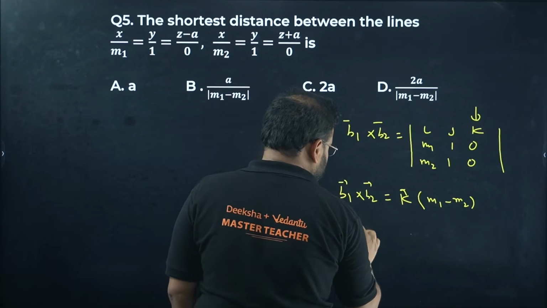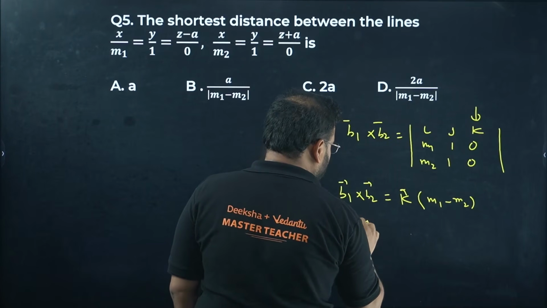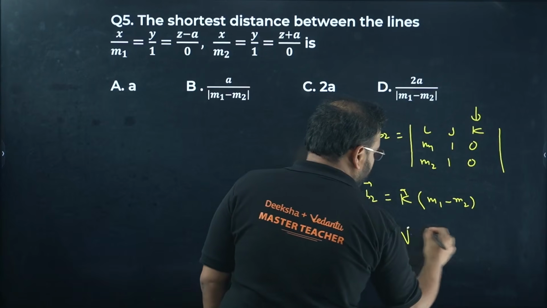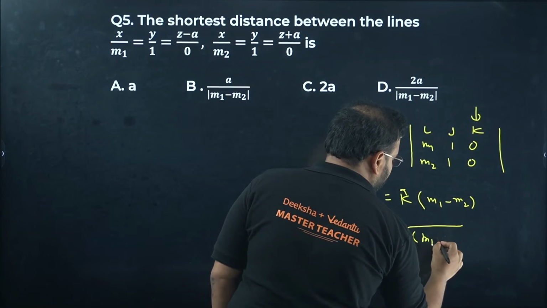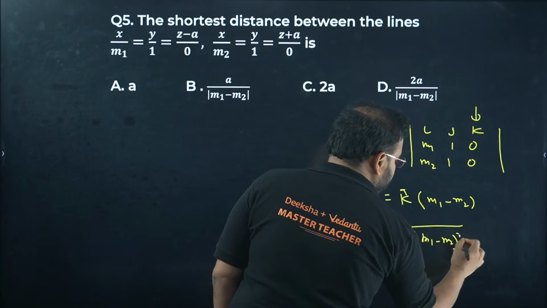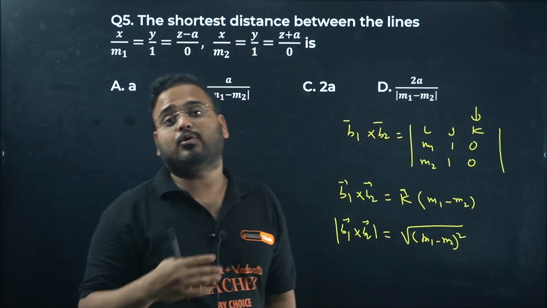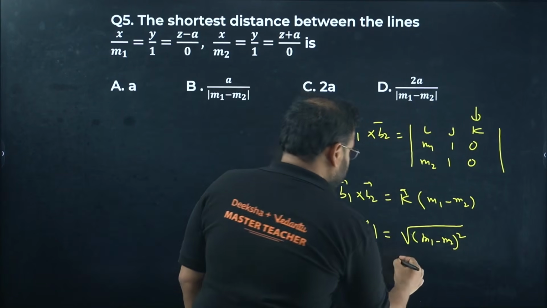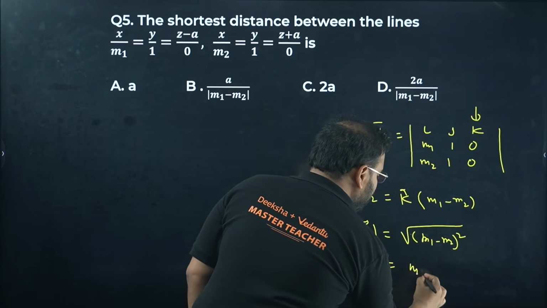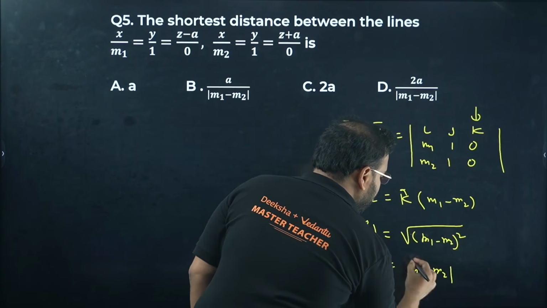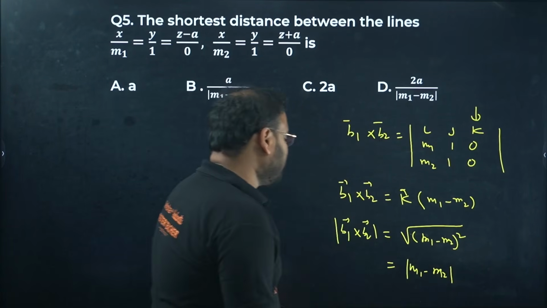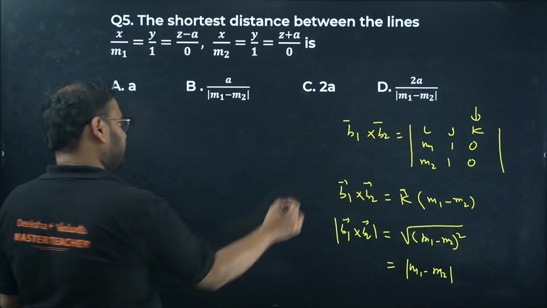What is the modulus in that case? The modulus of b1 cross b2 will be the square root of (m1 minus m2) squared, that's it, because the i cap and j cap components are both 0. So the modulus of b1 cross b2 is simply m1 minus m2. Good.